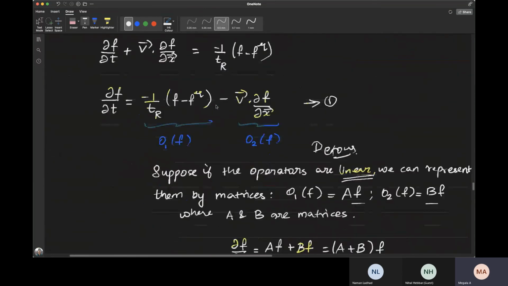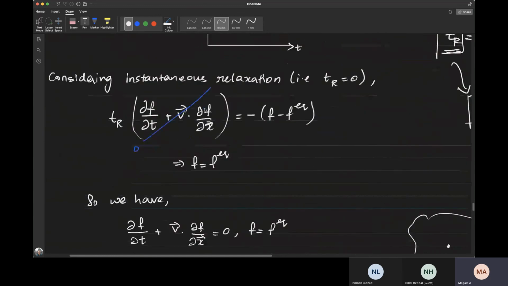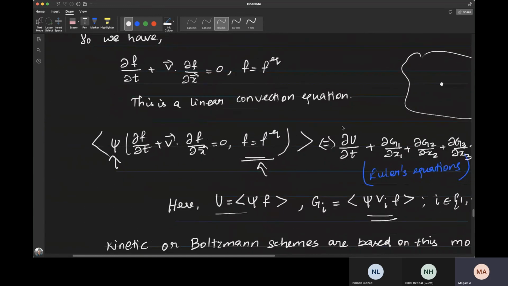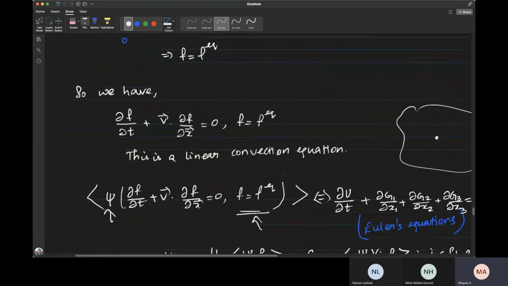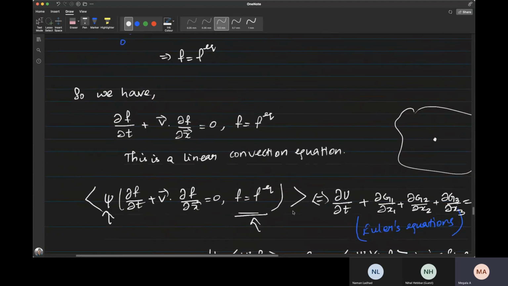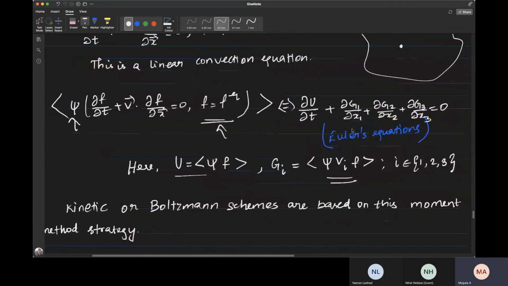Here, in a more formal way, local thermodynamic equilibrium directly gives us Euler's equations, because local thermodynamic equilibrium implies F equals F equilibrium itself. So we always get Euler's equations upon assuming local thermodynamic equilibrium.